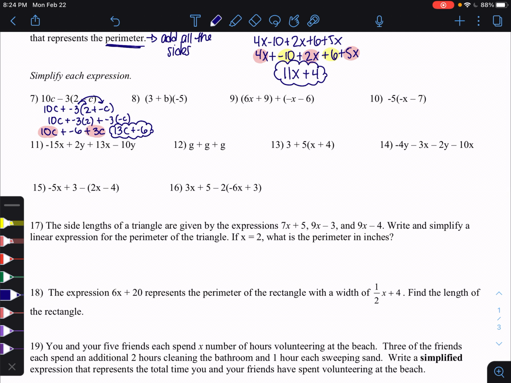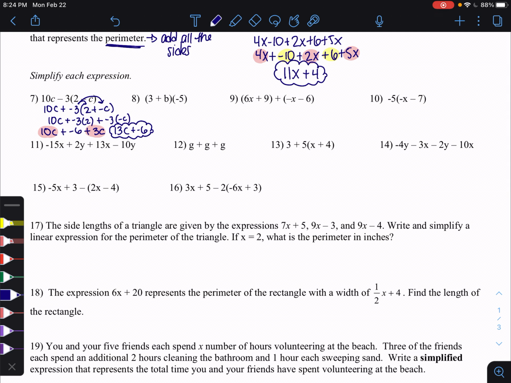Number 8 is the distributive property, only the number that you are distributing is at the other end. So I'm going to distribute this way. So I'm going to have negative 5 times 3 plus negative 5 times b. So I get negative 15 plus negative 5b. Number 9, you actually don't need the parentheses because there's nothing being distributed.